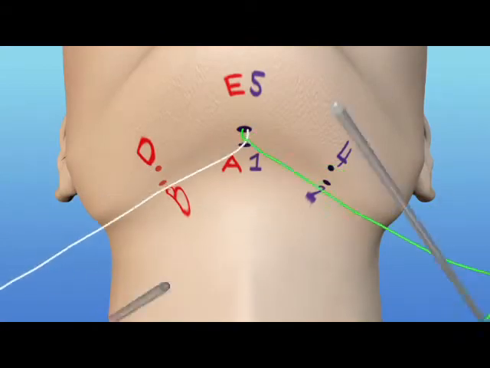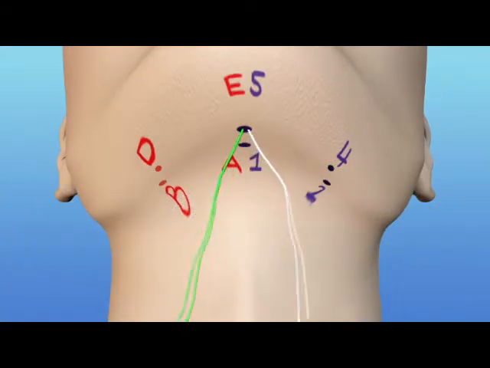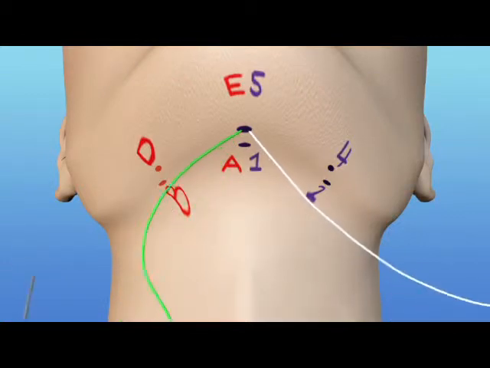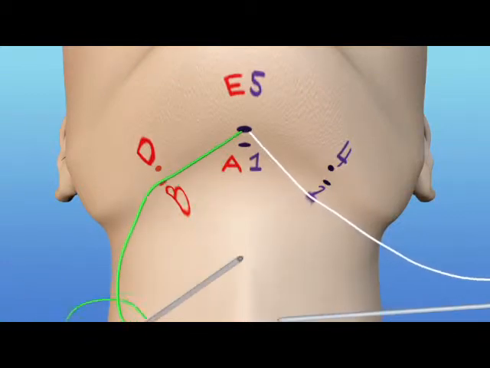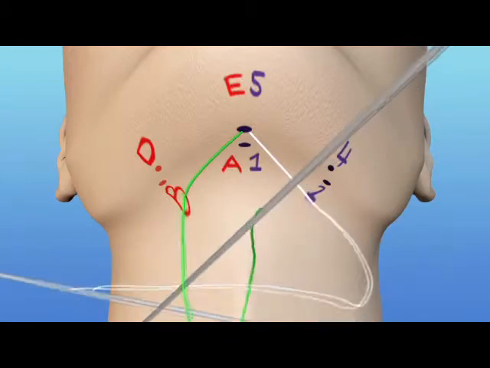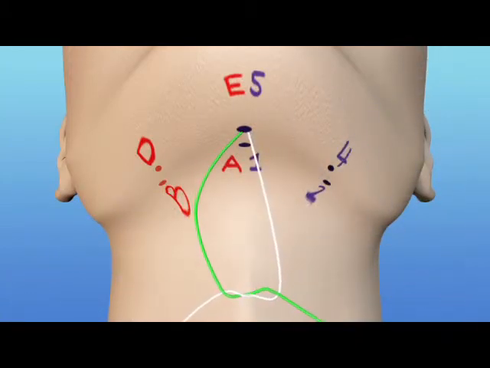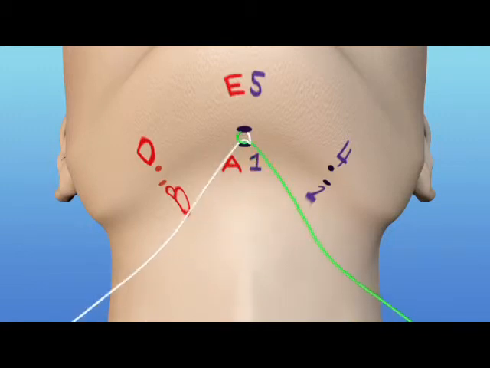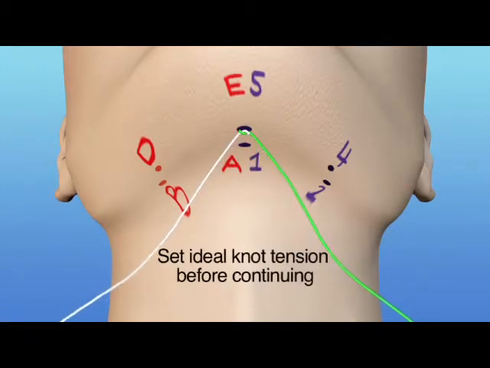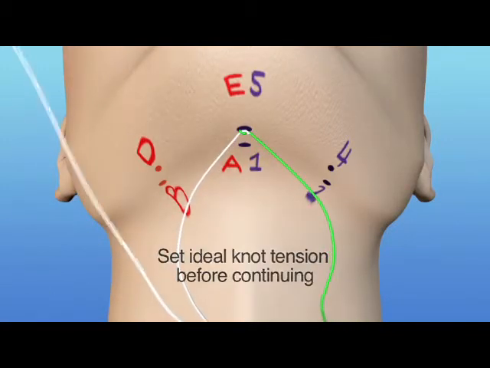So once again in review, you throw the first throw, which will set the tension. You observe the neck and look for the point where there's just visible tensioning of the skin with the patient's neck extended. Once you've established the correct amount of tension, then you can go ahead and lock the knot by placing another throw.